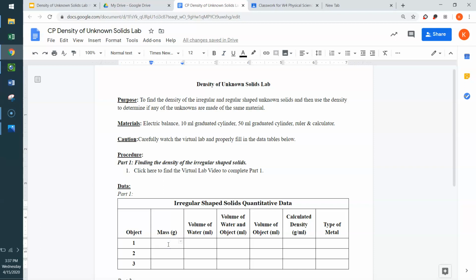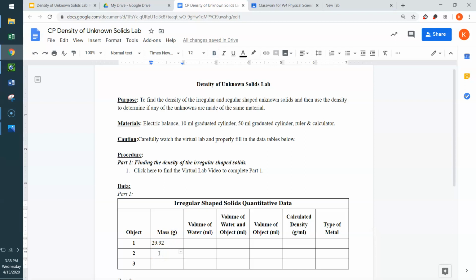So the mass for the first object, if you were typing them in, was found to be 29.92 grams. Now you don't have to write grams because it already exists up here. So we just put the numbers in.